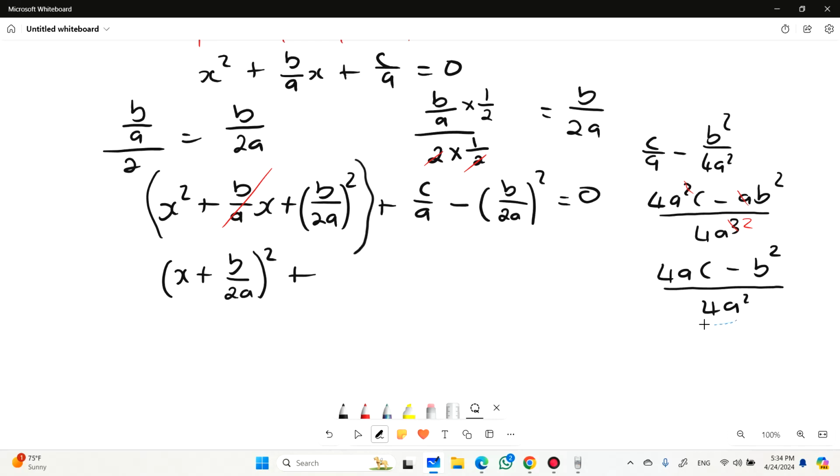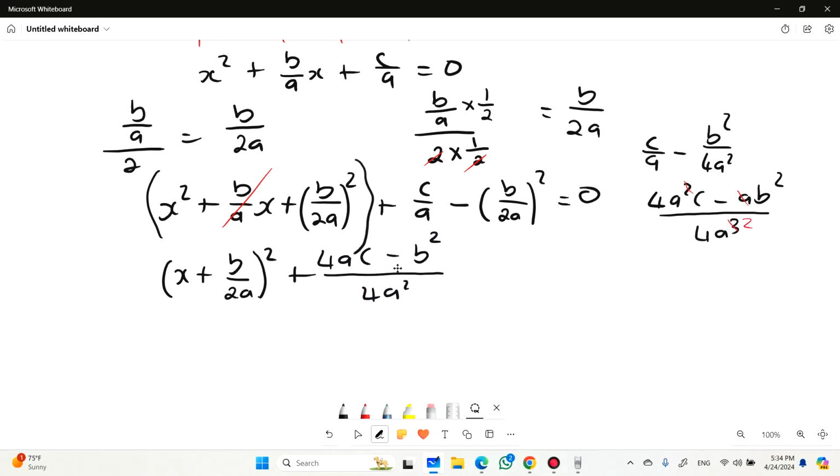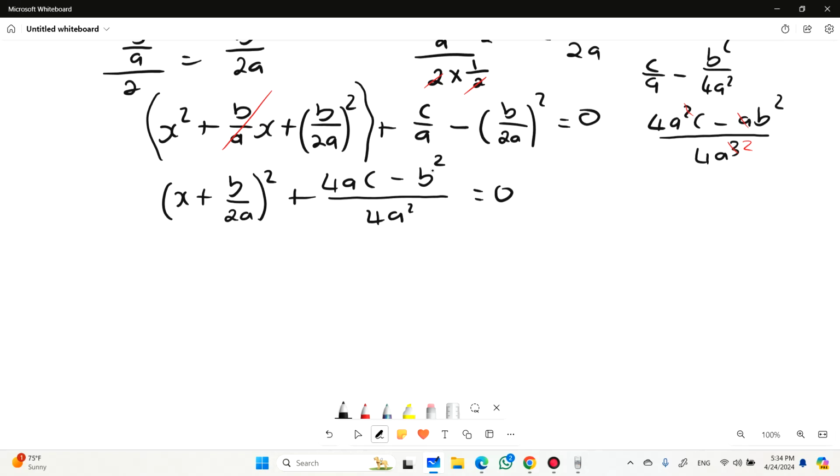I'm going to take this here and I'll put it there. There you go. So this is basically equal to 0. What I'm going to do is transpose this to the right hand side.